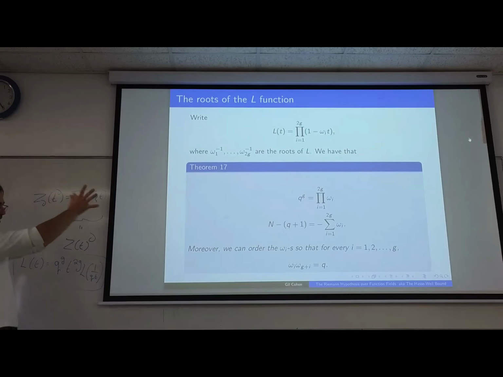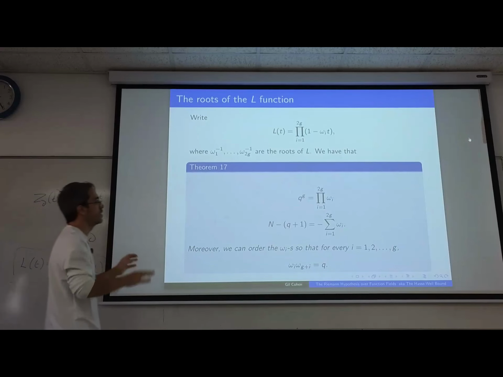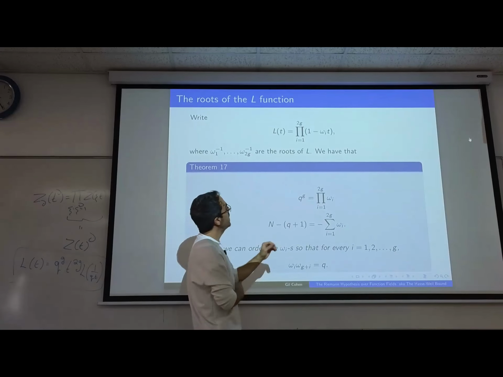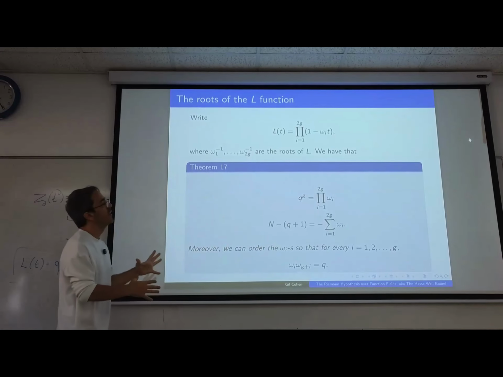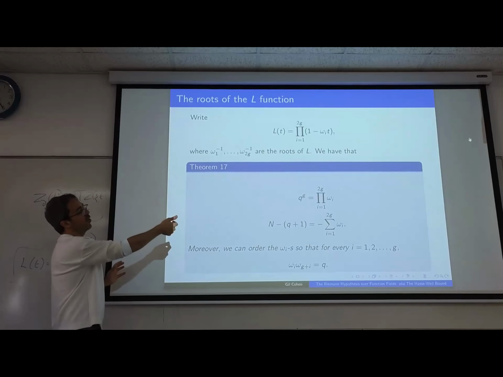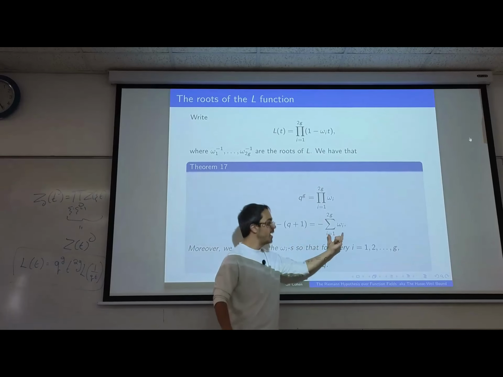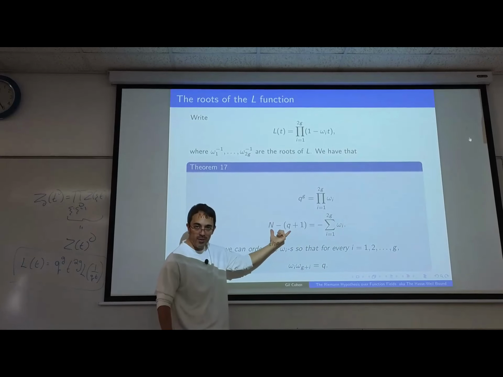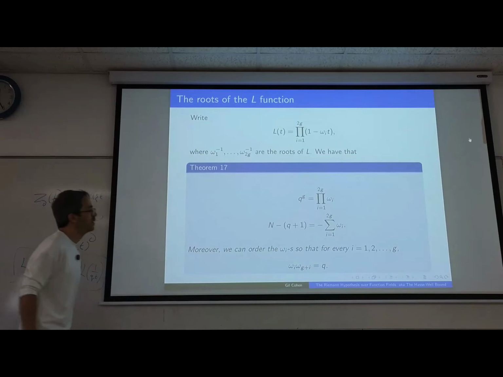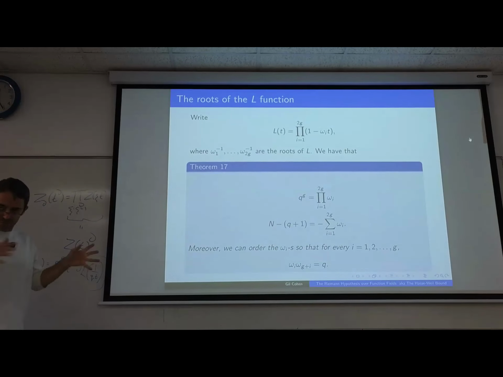Okay, so let's look at these roots. They are complex valued roots. Everything here is on the complex plane. What I claim, which obviously holds, is that q to the g is the product of the omega i's, and the negation of their sum is this thing that we care about. That's obvious, and I'm going to say why.